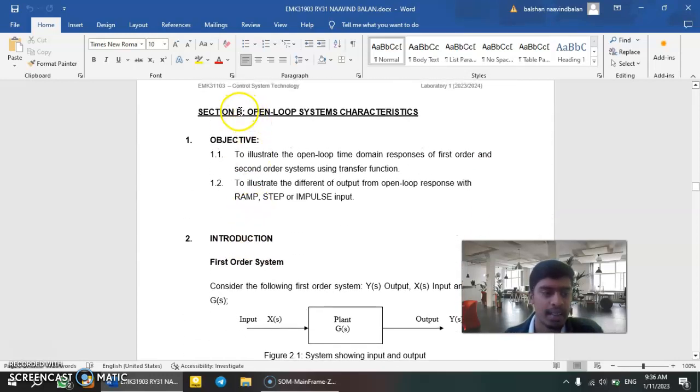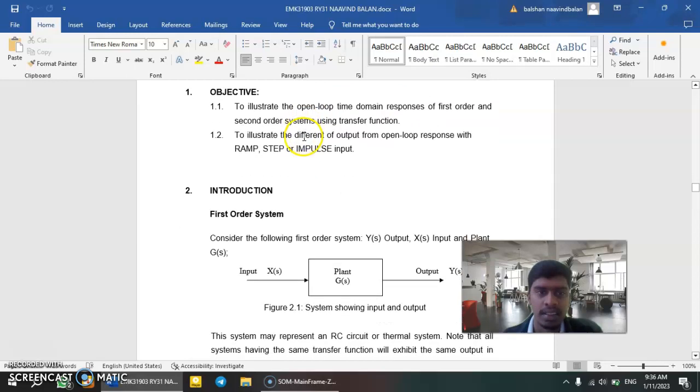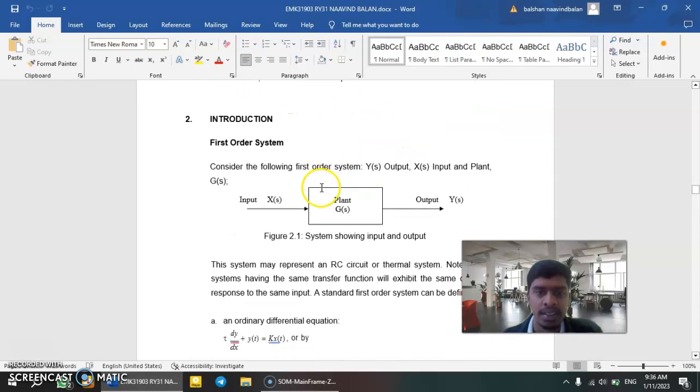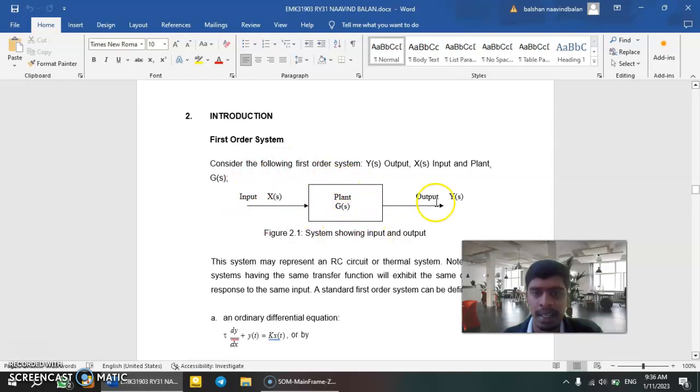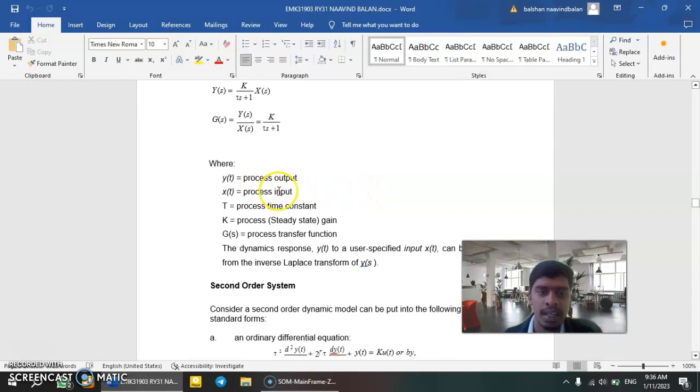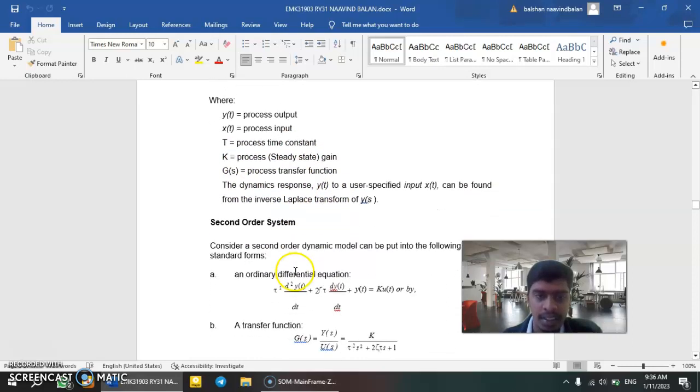For the second part, open loop system characteristics, just follow the instructions: the input, the plant, and the output for the first order. For this one we only have the output process, input process, time constant, steady state gain, process gain, and process transfer function.